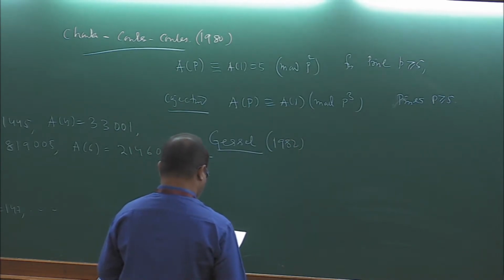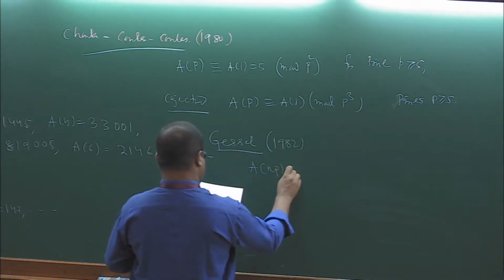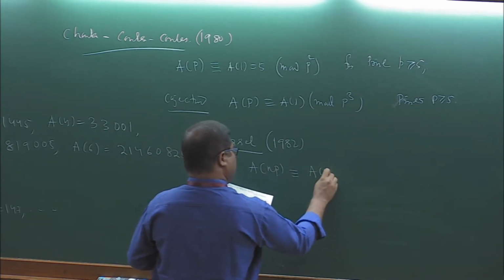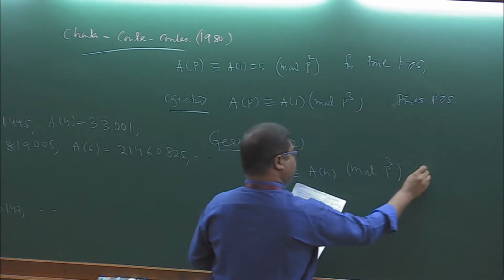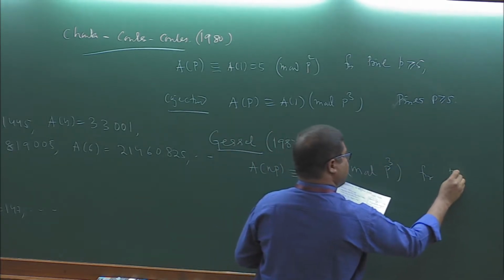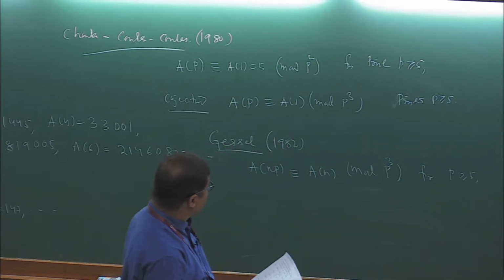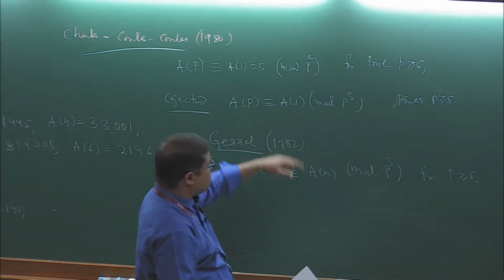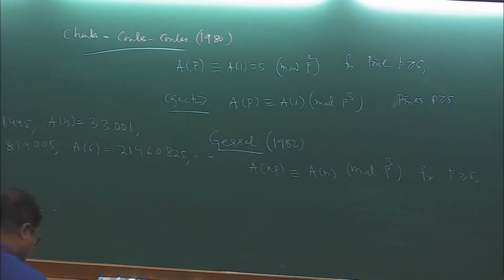He proved something more general, that A_{np} is congruent to A_n modulo p cubed for p bigger than 5, and this is true for any n. In particular, n equal to 1 gives A_p congruent to A_1 modulo p cubed. So this was proved two years later.